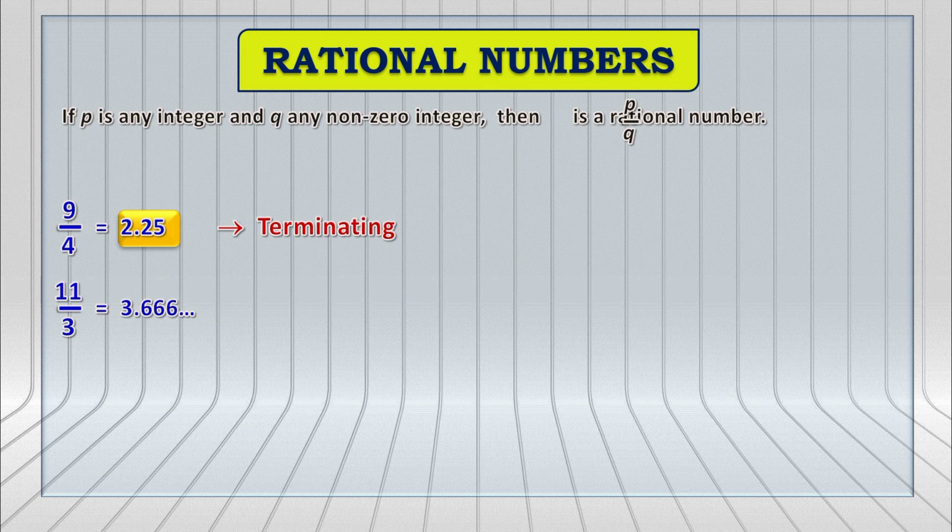After that, there is no remainder, so it is terminating. 3.666 and it will continue. So that means it is non-terminating and recurring. Recurring means here we can see that digit 6 is repeating itself multiple times. So that's why it is repeating. So we can also alternately call it recurring.